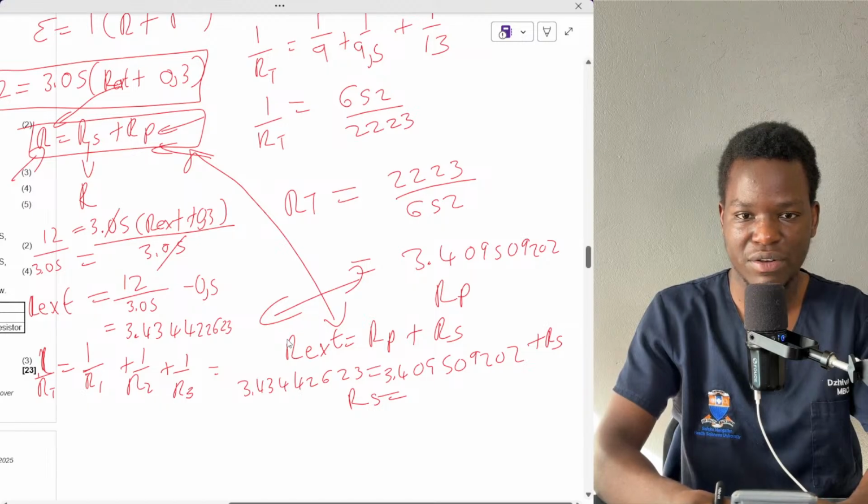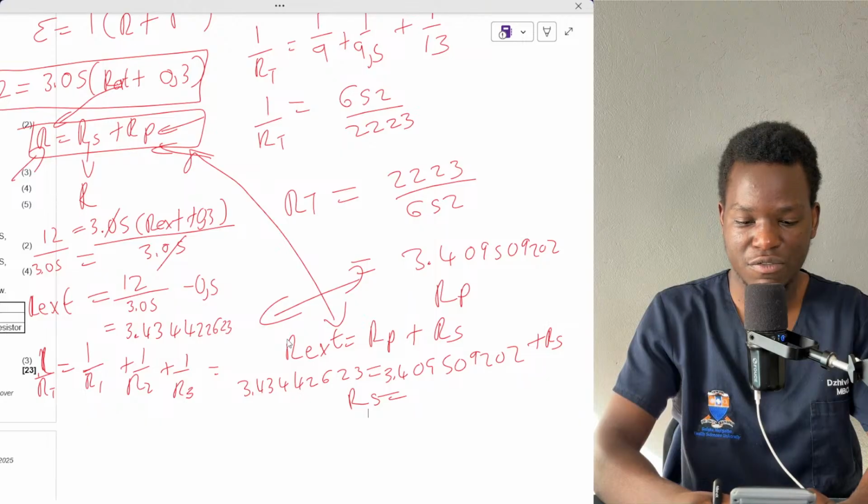So it's going to be 3.442623 minus 3.40. Okay, let me correct. I made a mistake, a typing error. And then we continue to say 0.0920, it's a 95, it's a 9592 and 202.